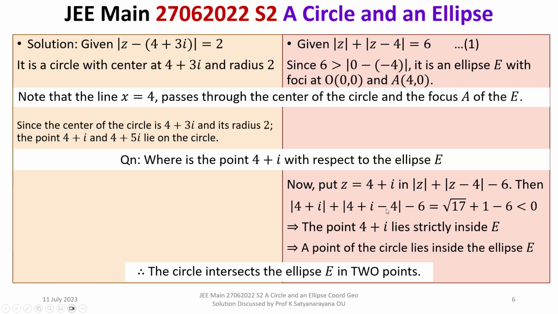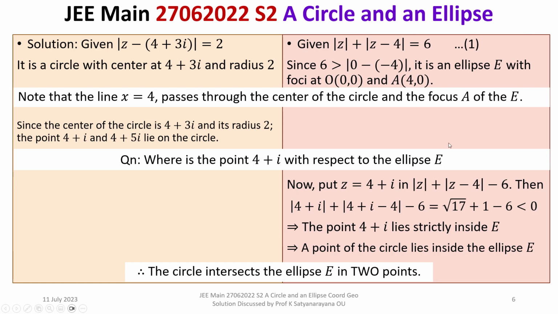To reach 4 plus i, the circle crosses the ellipse once. After passing through 4 plus i, it crosses the ellipse once again at another point.